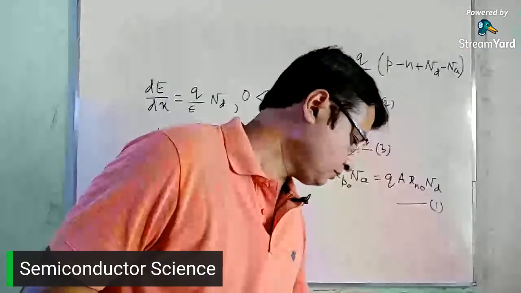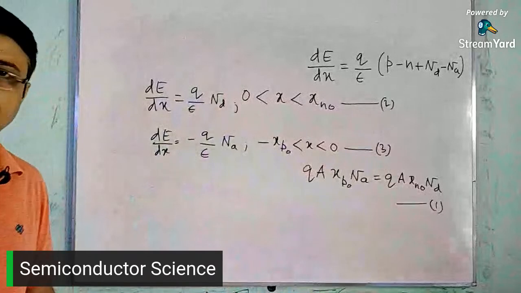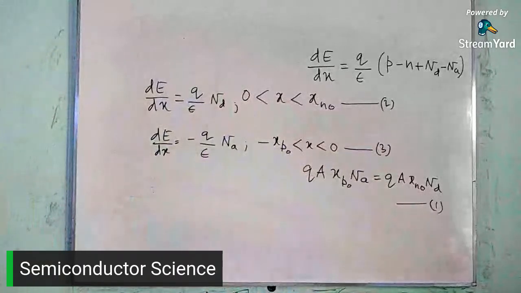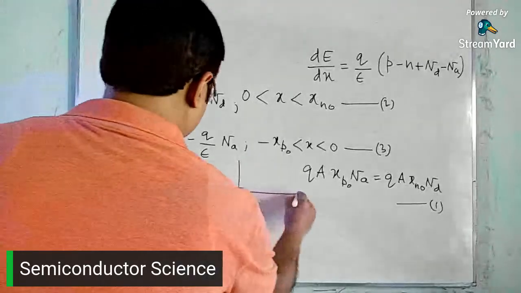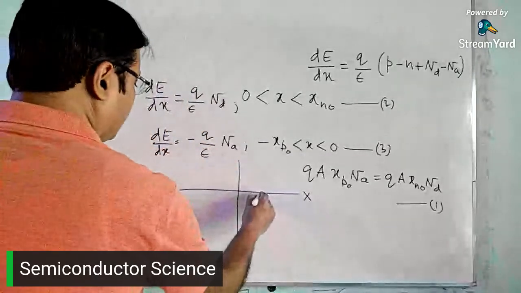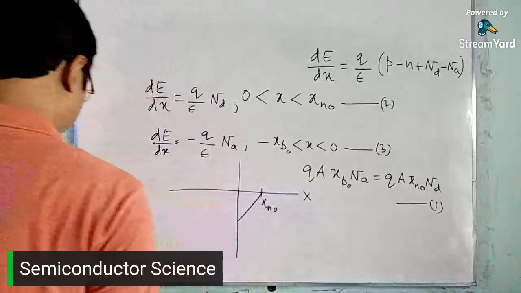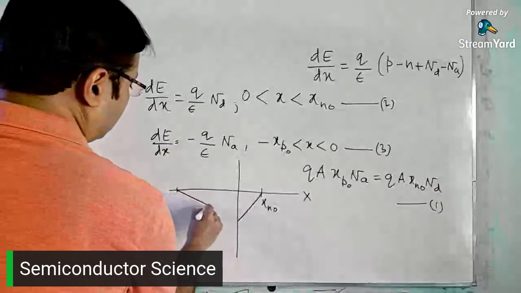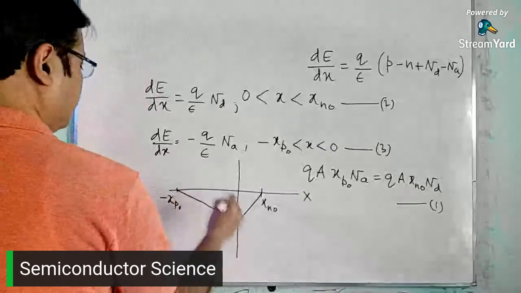Now from equation 2 and equation 3, if we plot these equations, let this be the x-axis, with xn0 here and minus xp0 here.